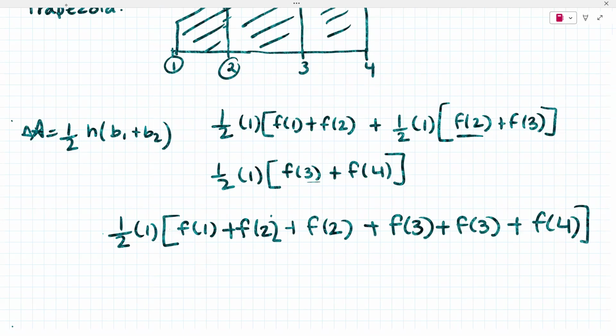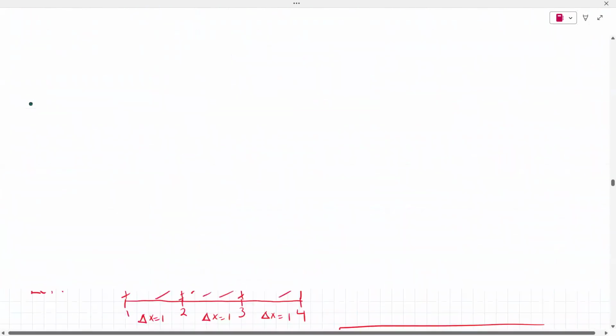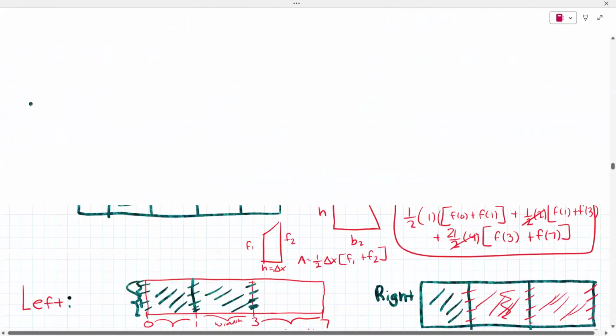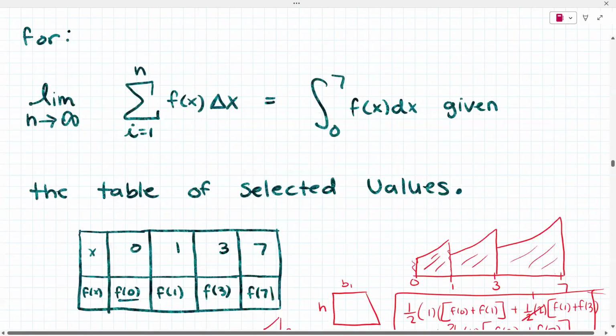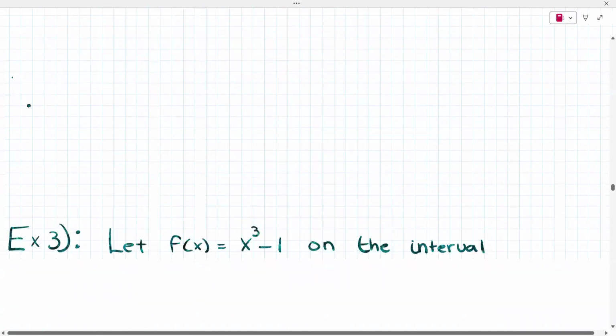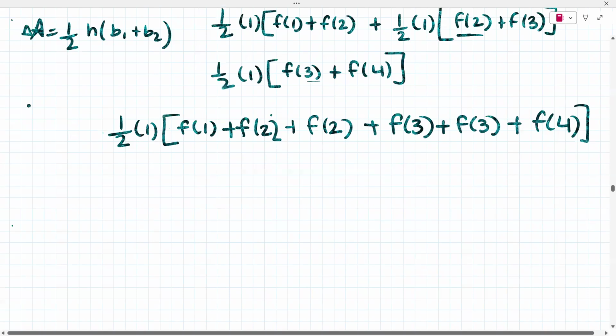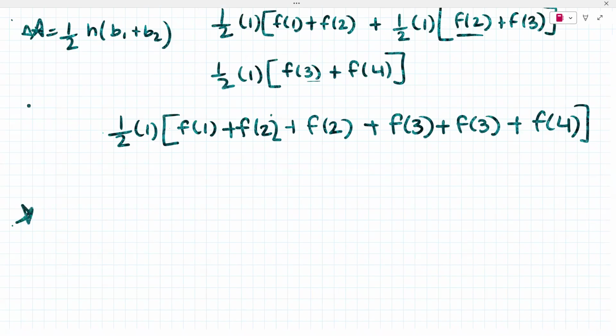If you go back to questions 1 and 2, what do you see that is different and the same? You see that the delta x are different, right? So here's just an important note.